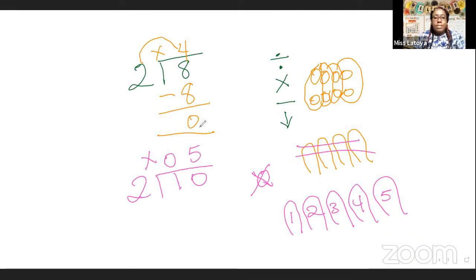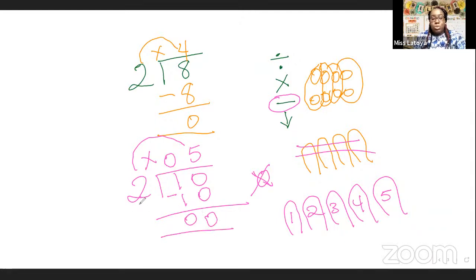Now, after writing my number on top, I need to multiply. 2 5s are 10. My next step is to subtract. 0 take away 0 is 0, and 1 take away 1 is 0. So 2 can go into 10 5 times. Let's do a next question.